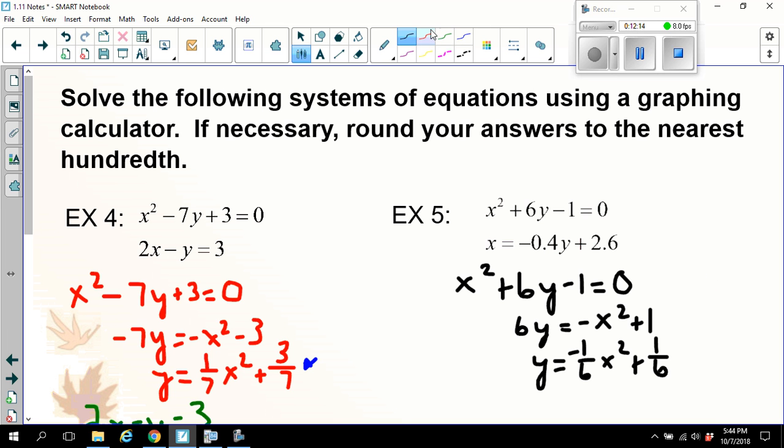Okay, now we have to do our second one. So here, solve for x, but remember to plug into the graphing calculator, we got to solve for y. So we're going to move the 2.6 over to the other side, so that'll make it negative, and then divide each term by negative 0.4y. Okay, I'm going to go ahead and do that.